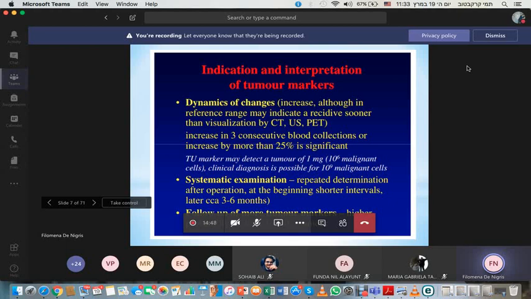Sometimes it is related to tumor mass. Generally, with the markers present in the blood, we can monitor a very small tumor, even when we have a small number of cells.